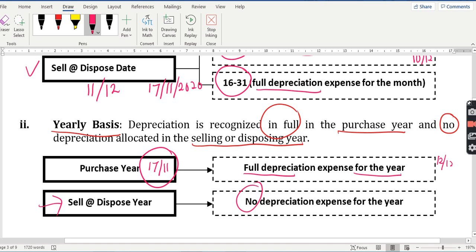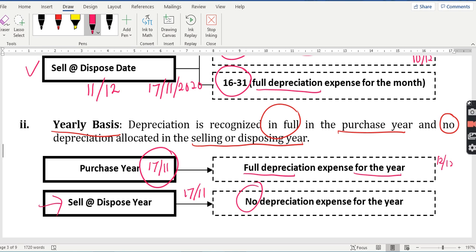Let's say I'm using the same date, and I'm selling the asset on the 17th of November as well. So do I need to calculate the depreciation for the year 2020? No, we don't need to have any depreciation expense for the year 2020.